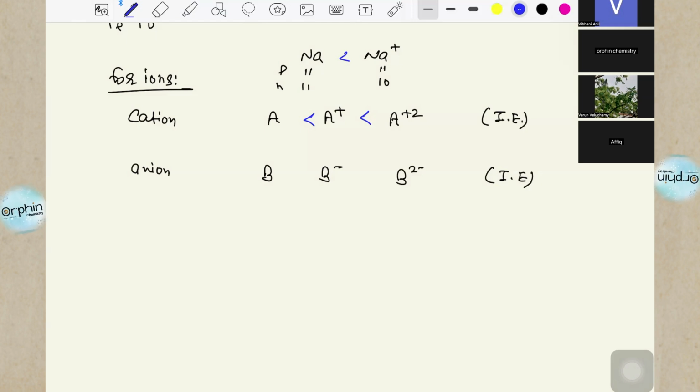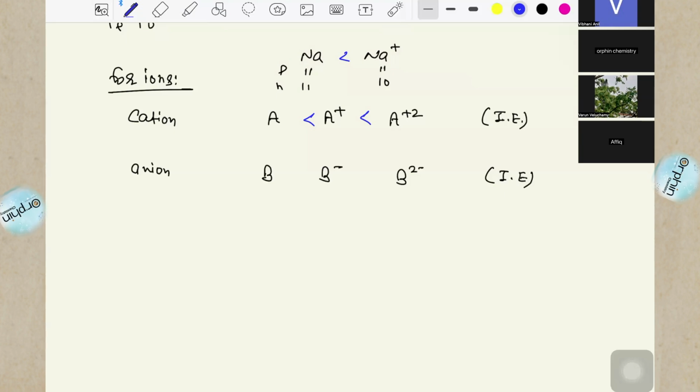Okay, sir. I thought they'll have extra electrons, so they lose them easily. Oh, really? A plus 2 is having extra electrons? Cation?